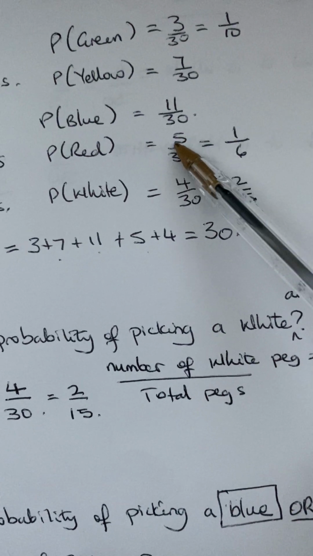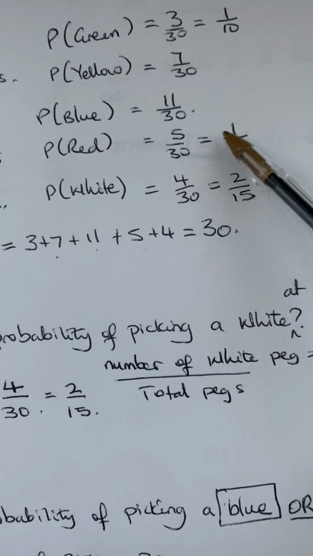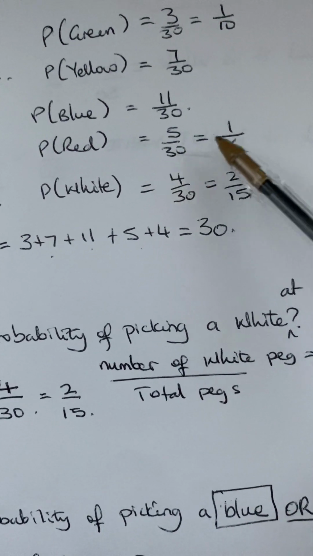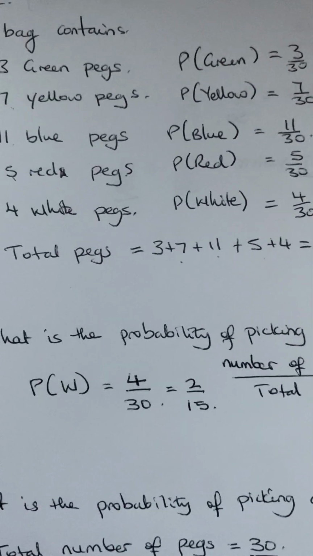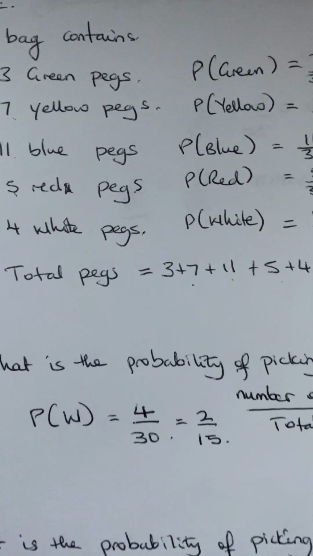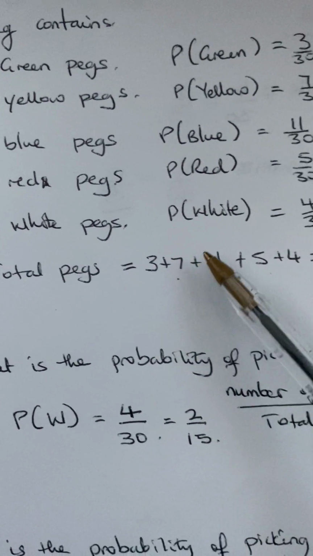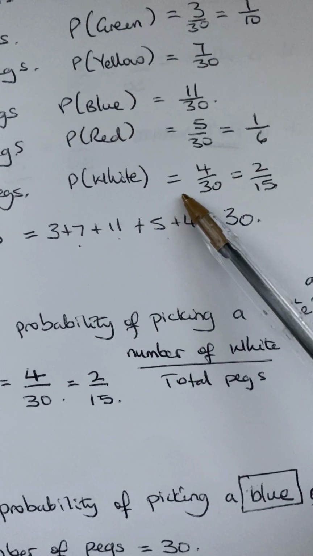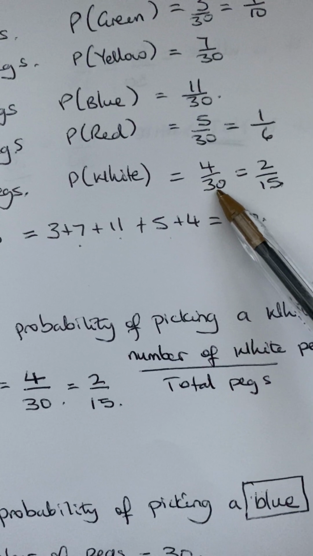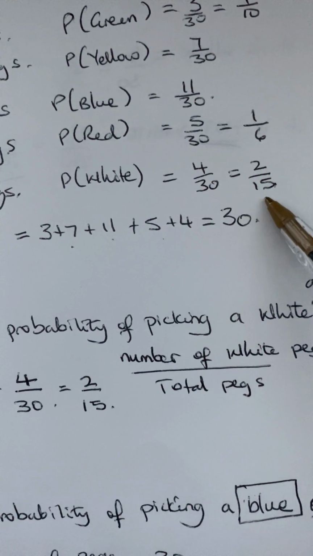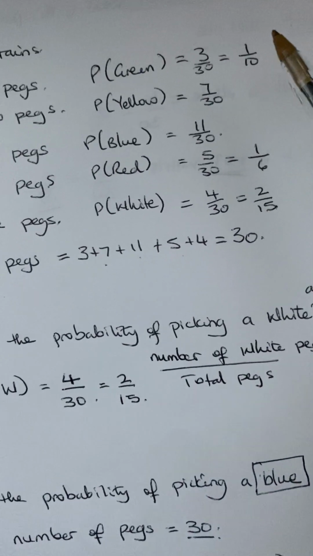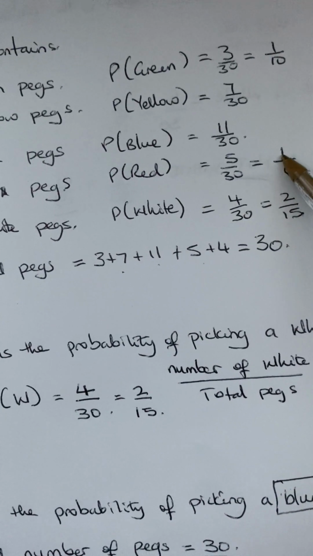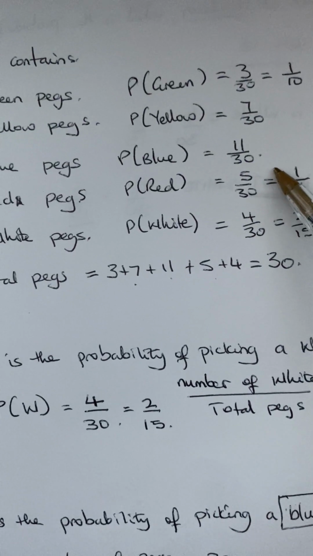So 5 divided by 5 is 1, 30 divided by 5 is 6. Now 4 white pegs, so the probability of getting a white is 4 out of 30, which is 2 out of 15. In an exam condition, you don't have to do this if they're not asking you.